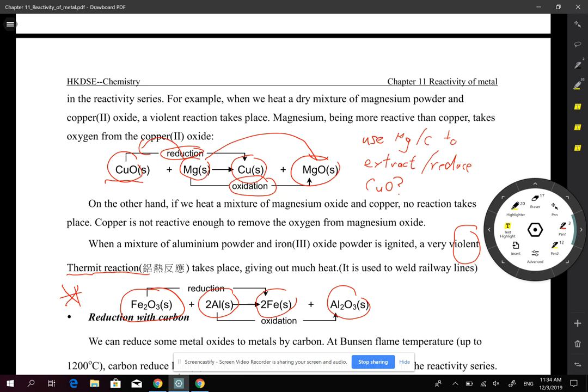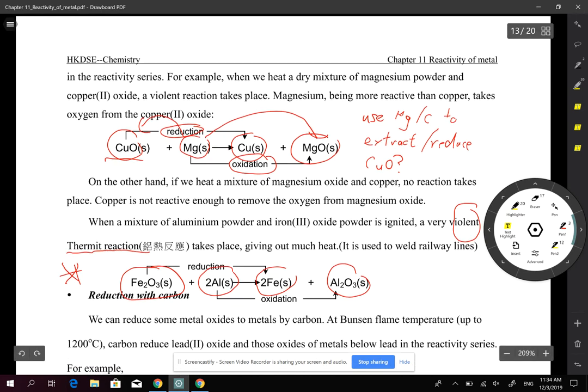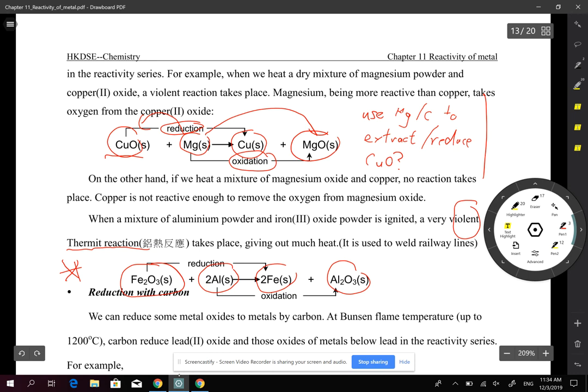You need to extract a lot of copper oxide daily, maybe million tons every year. So, will you use magnesium to reduce copper oxide or use carbon to do so? Why? Because it's a lot more common, and also it's a lot cheaper. Yes, much cheaper. Of course, carbon.